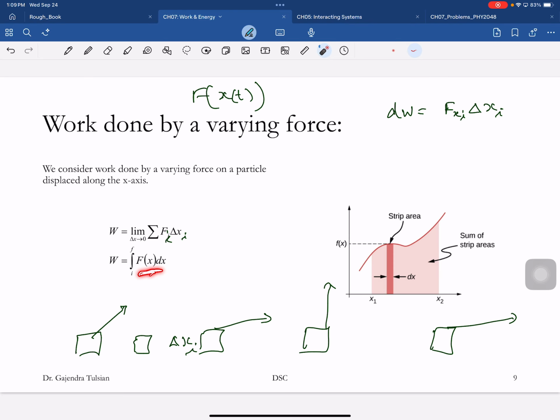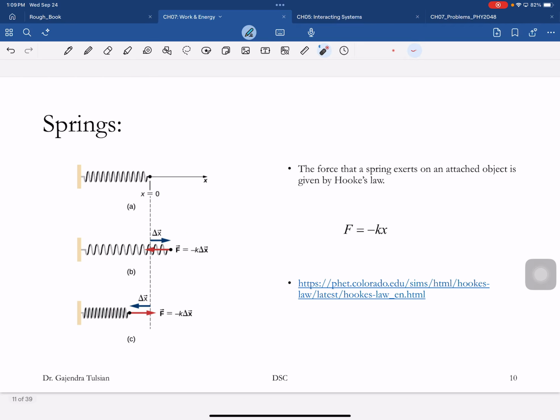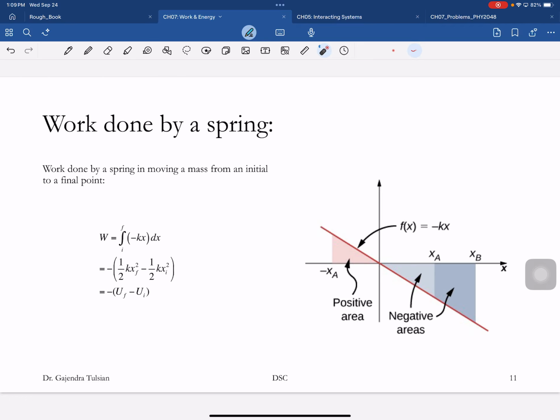We'll calculate how much work the spring does when the mass moves from this initial position to that final position. Here is the force that the spring applies, and we'll do an integral over x.